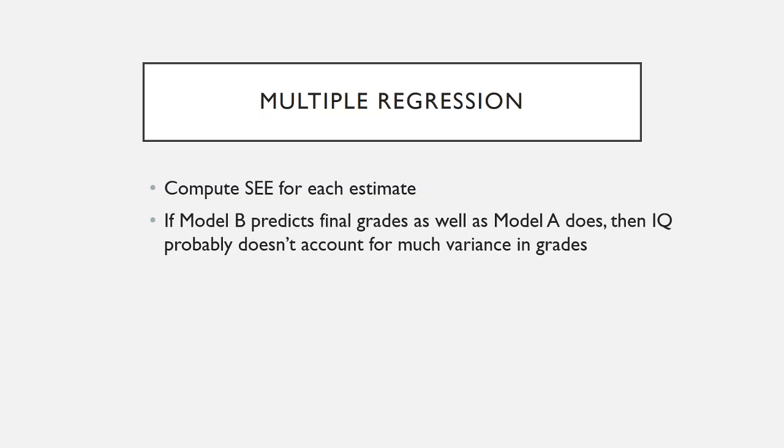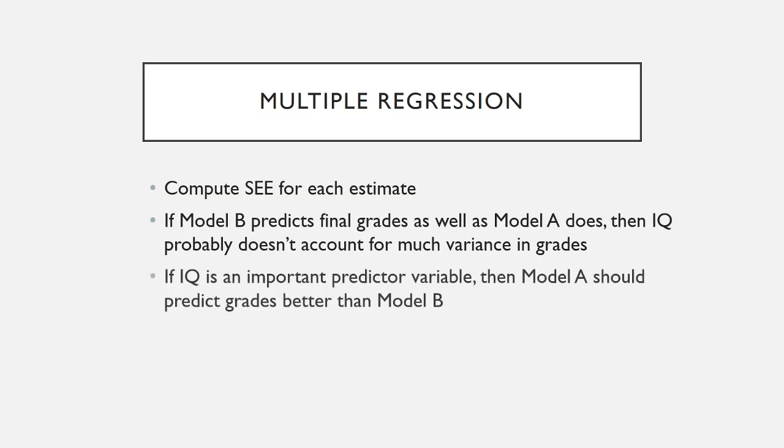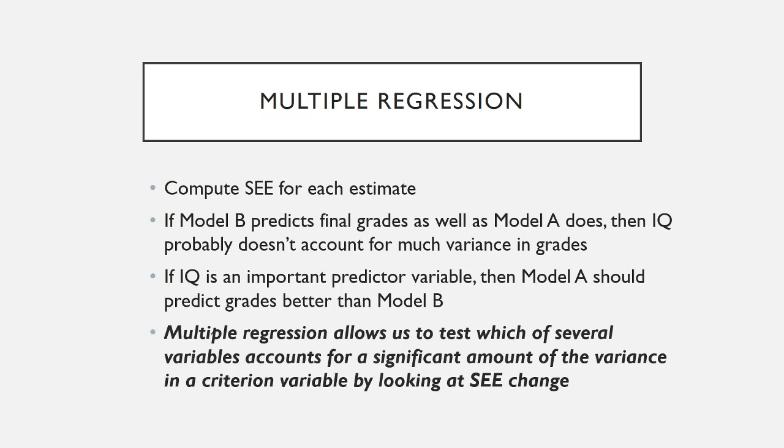So all else being equal, try and think about creating the model that is more parsimonious as opposed to overly complicated or convoluted. Now, if it was the case that model A had an appreciably lower standard error of the estimate than model B, then it would be worth keeping IQ as a predictive factor if you were trying to generate accurate predictions about someone's final grade.